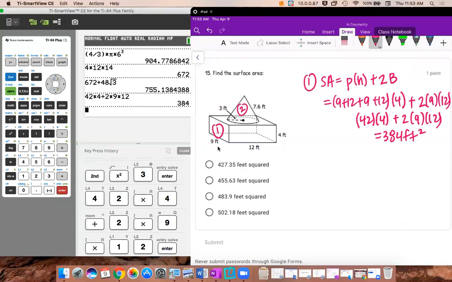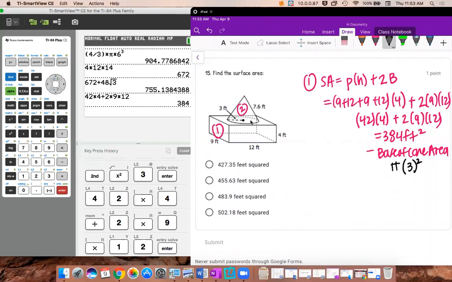Now, the one thing that's mean is we included this part of the cone in that rectangular prism. So in order to get just the area of the top that is actually a part of the surface area, we have to get rid of this base of the cone. So I have to subtract out the base of the cone area. The area of the base of the cone is just pi times r squared, and our radius was 3.